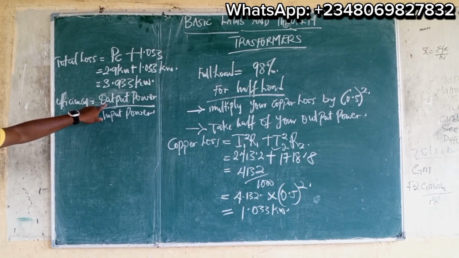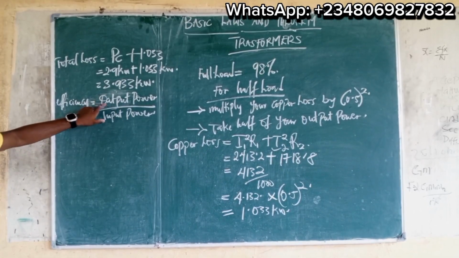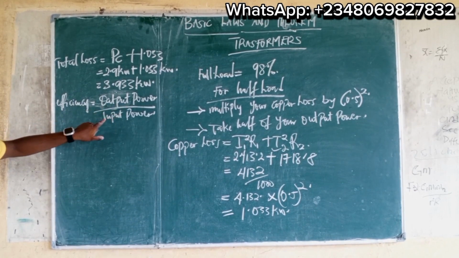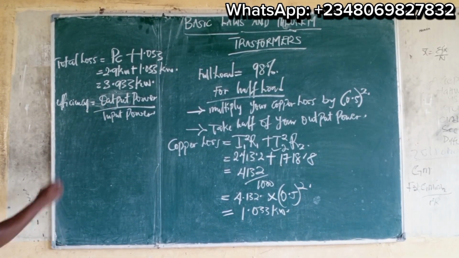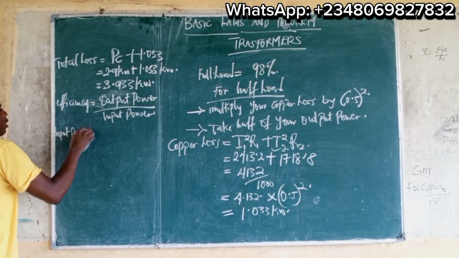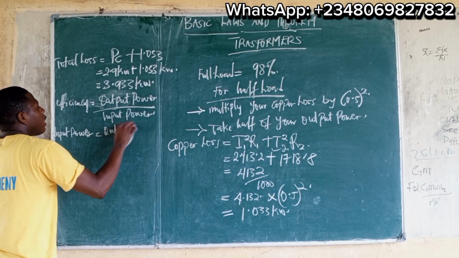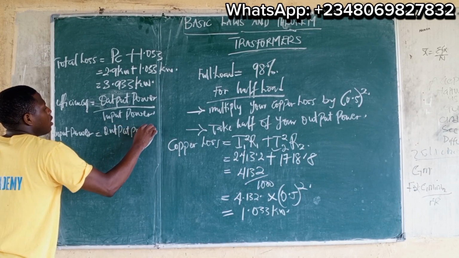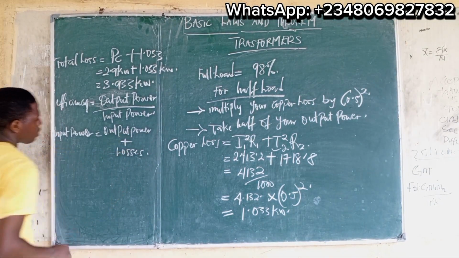The first thing we have to do is calculate our output power, but we cannot calculate it if we don't know the formula to use. But recall that input power is equal to output power plus losses.